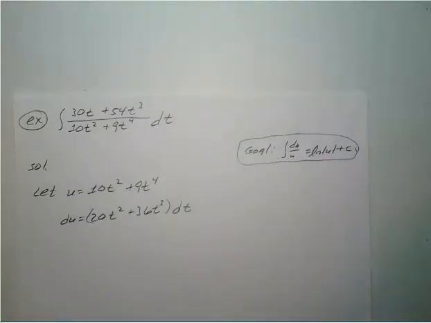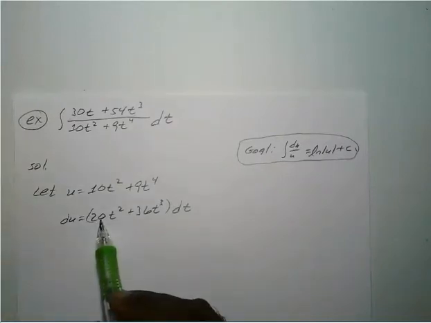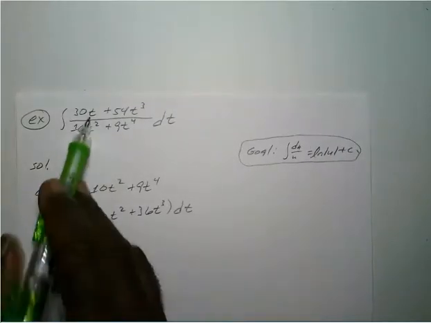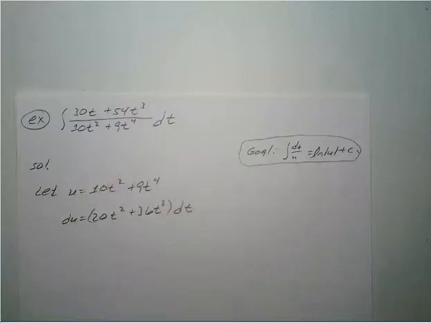Okay, so I know what you're thinking. You're like, wait a minute, this does not match that, so how is that going to be our du? Well, what we do is we're going to make it equal our du.